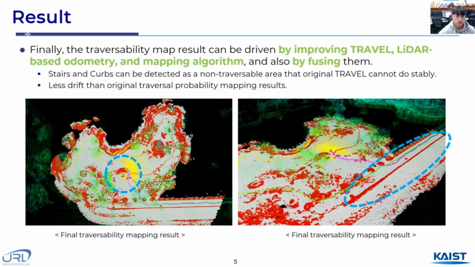So finally, the traversability map results can be obtained by improving Travel and the LiDAR-based odometry and mapping algorithm, and also by fusing them. So in this part and in this part, the stairs and cars can be detected as a non-traversable area, which the original Travel cannot do stably, with less drift than the original one.